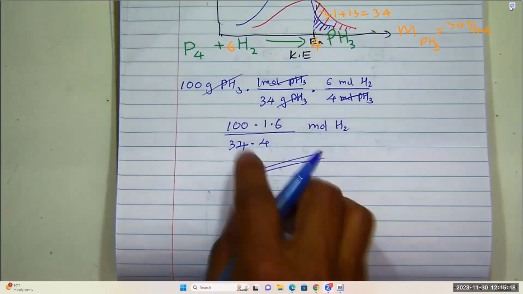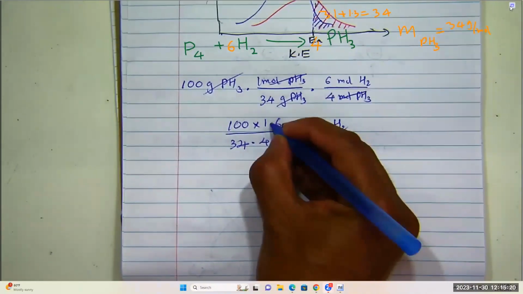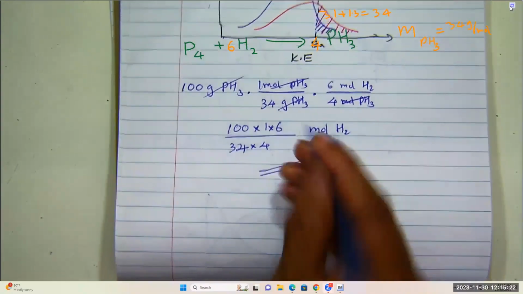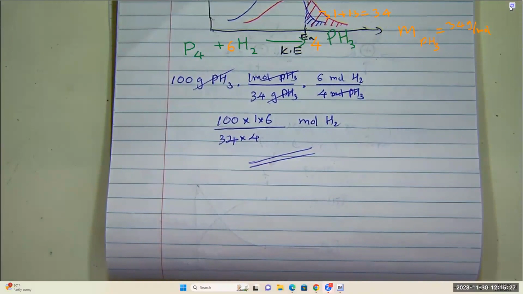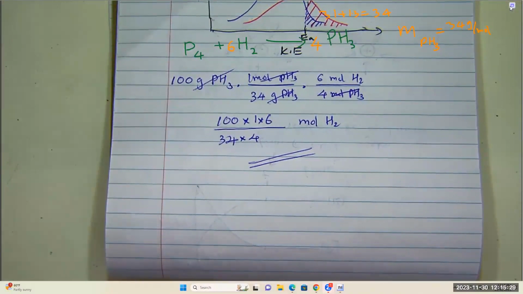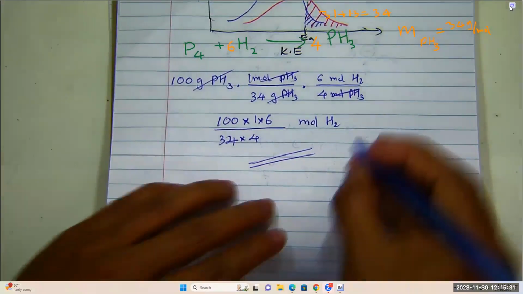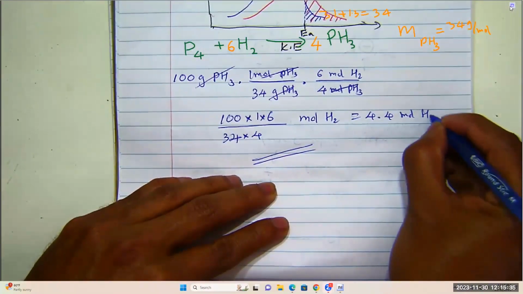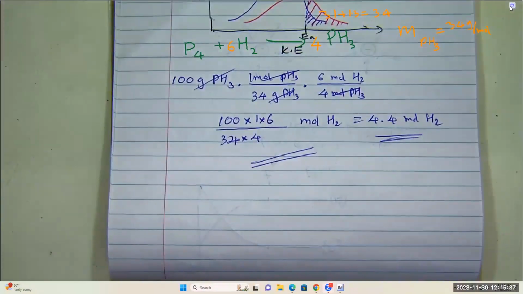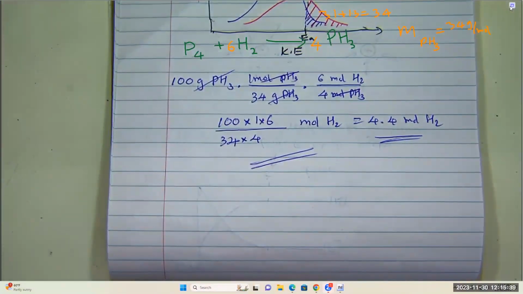You need to do the calculation. This is multiplication, by the way. Can you give me the answer? The answer is 4.4 moles of hydrogen. Can you check that too? Yeah, perfect.